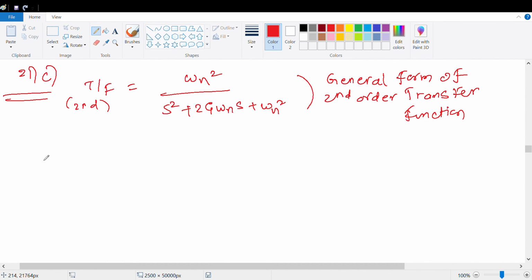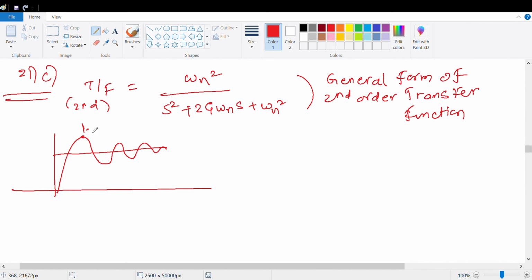They have given a response, and the peak is here. The peak value is 1.4 and the final value is 1, so we can get zeta here. And one more thing: you can see the time at which it settles. The time at which it settles is 25 seconds.